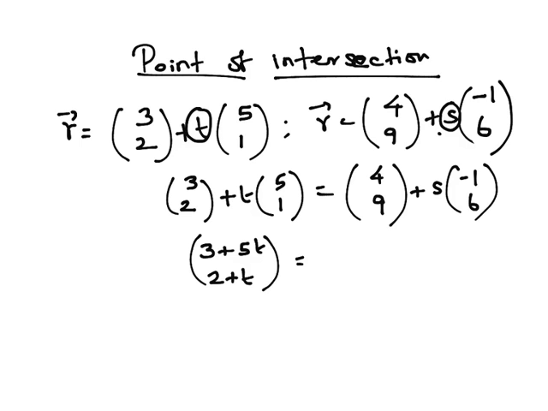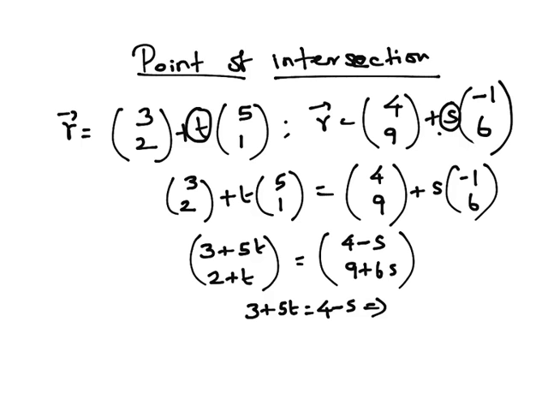And on the right hand side you get 4 minus s and then 9 plus 6s. You get like this. Now you need to equate the corresponding components. So you get 3 plus 5t equals 4 minus s, which means 5t plus s equal to 1.